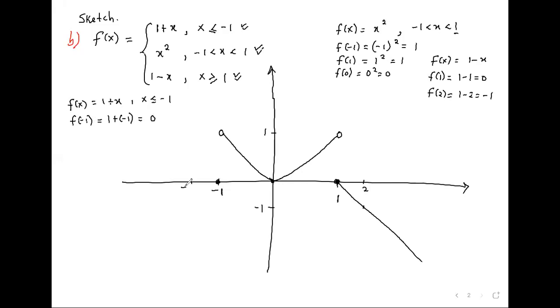Then pick a number, say -2. f of -2 is 1 plus -2, which is -1. So we have -1, comma. Function coming down here. So I have a complete sketch.